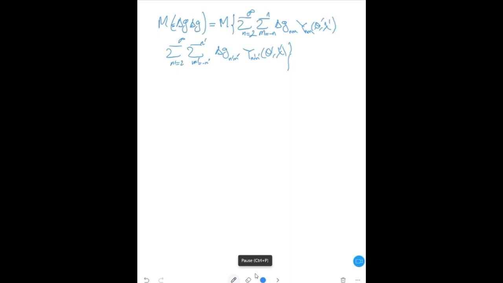So let me write this equation again and apply the operator M to it.